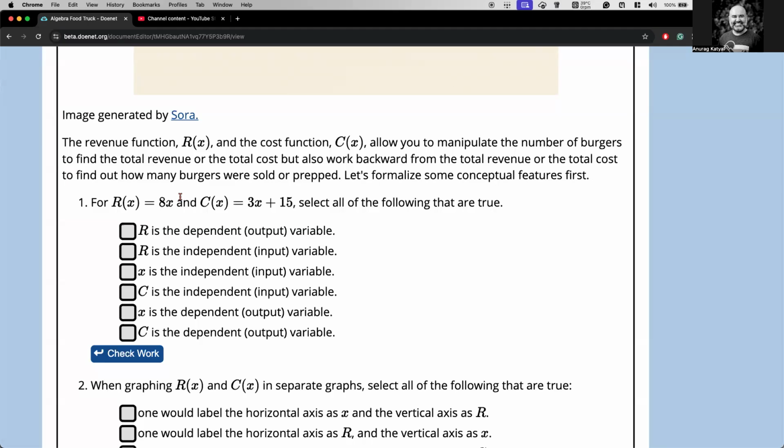The first one, R is the dependent. Is it on the outside? So that works, I agree. The thing on the outside is the dependent variable. The thing on the inside is the independent. X is the independent because it's on the inside. And C, isn't C on the outside again? So C is the dependent variable.